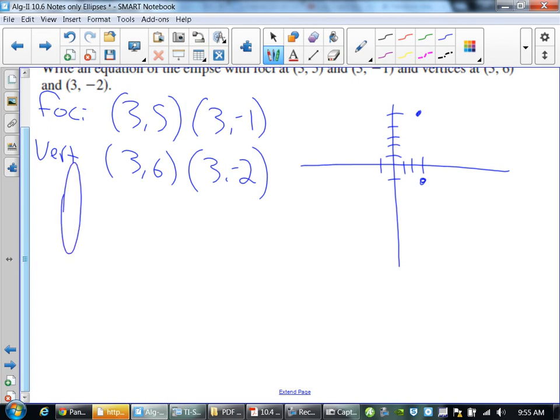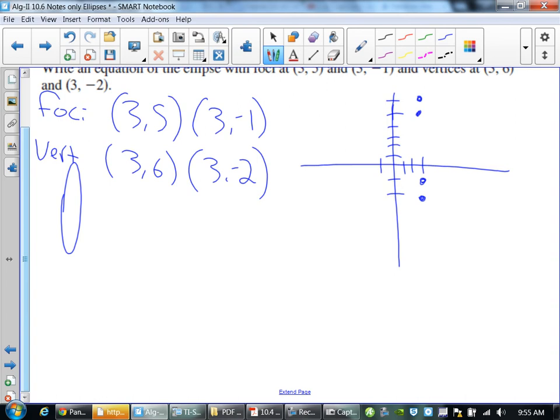So then I plotted the next points, my vertices. My vertices are at (3, 6) and (3, -2). So obviously now, it has to be vertical. First thing we're trying to figure out is, where is the center located? Does everybody agree that the center is going to be located at (3, something)?